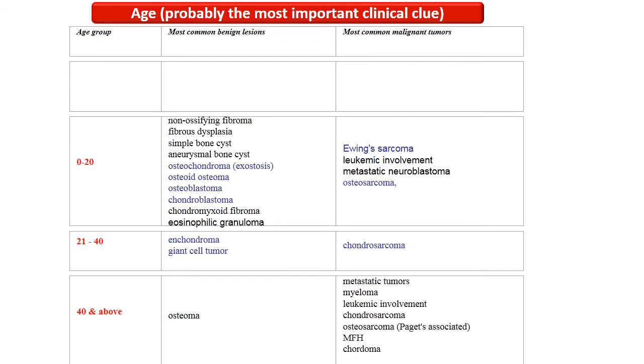The age is probably the most important clue for the diagnosis of bone tumor. When classifying bone tumors, we can divide them into various age groups.